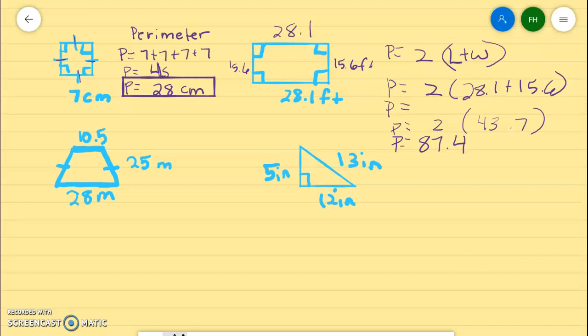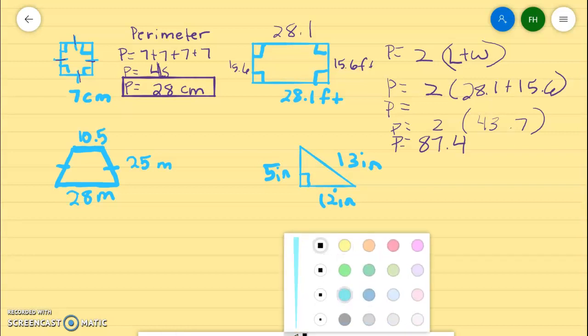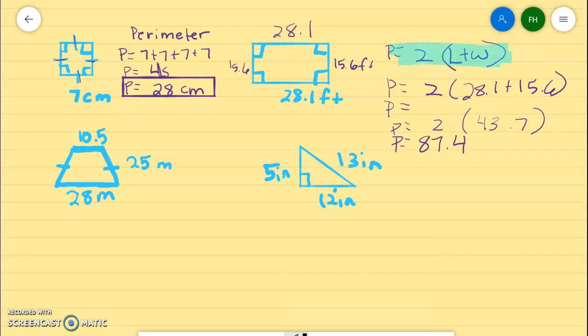Okay, so probably your best bet would be to start learning the formula that she wants you to learn. But if you go blank on the test, just add the sides up.